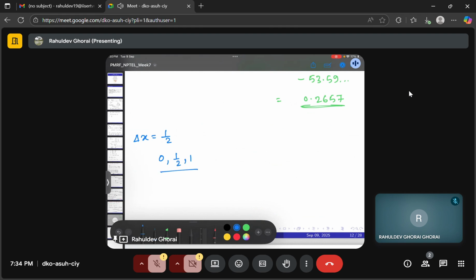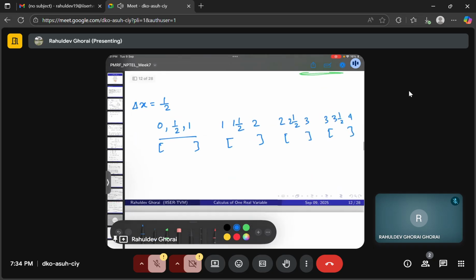With that we have an interval 0 to 1, and then 1, 1 and a half, and 2, that is one interval. Like that, 2, 2 and a half, 3, that is one interval, and I think we need to go up to 4, right? 3, 3 and a half, and 4, that is another interval, right?